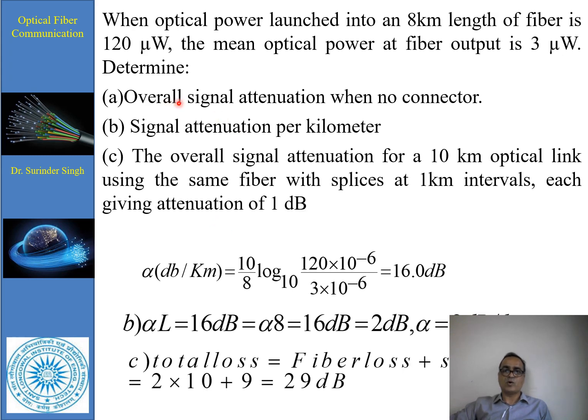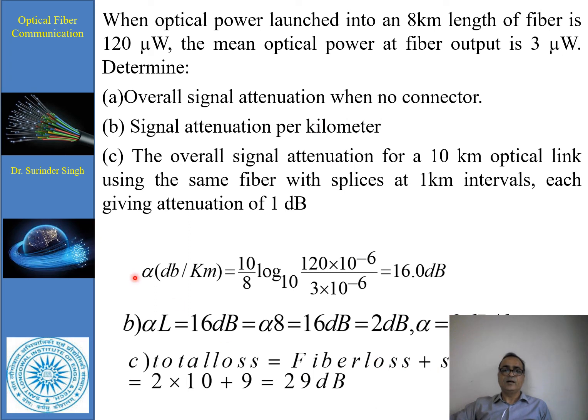First of all, the overall signal attenuation when there is no connector. For that, the standard formula is used: 10 log 10 of the input power and the output power, divided by L. L is 8 kilometer. So 120 times 10 raised to the power minus 6, and 3 times 10 raised to the power minus 6. This is cut and we get 16 dB from here. Now the signal attenuation per kilometer.